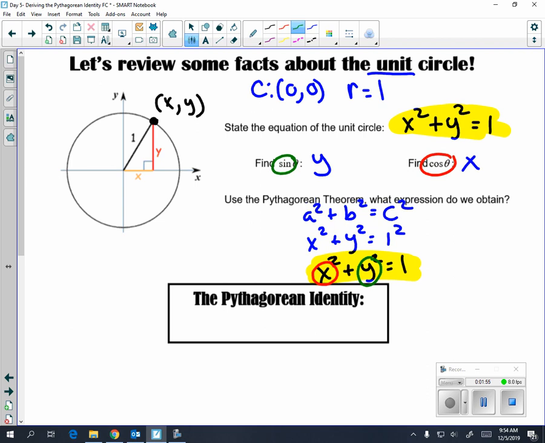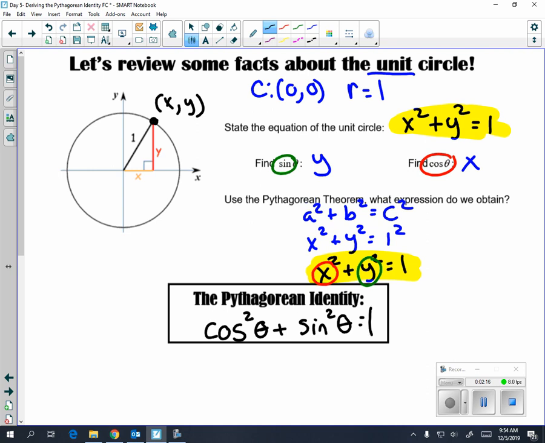So if I rewrite these values, now instead of x squared, I'm going to have cosine squared of theta plus your y value, which is really sine squared of theta, is equal to 1.